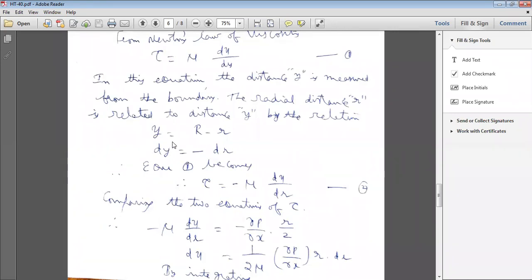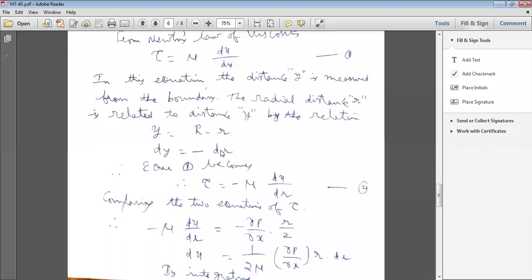Differentiate both sides. dy is equal to the differentiation of capital R, which is the given radius of the pipe. R is constant, so its differentiation is 0.